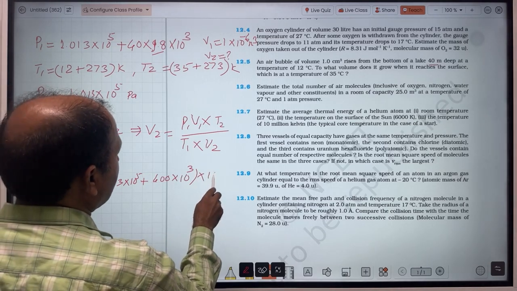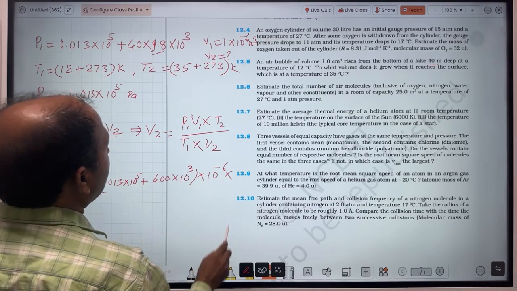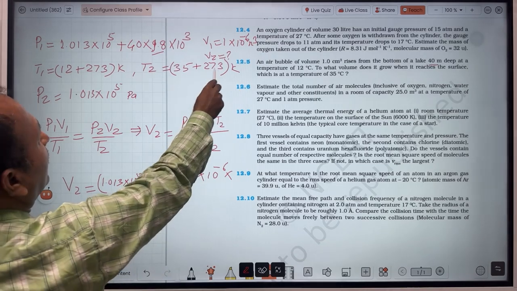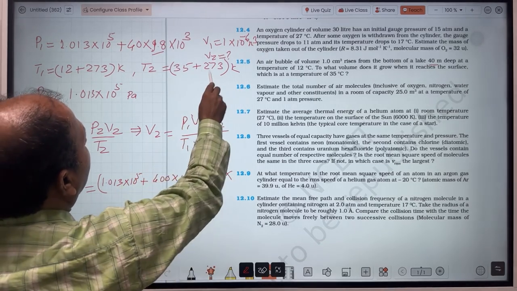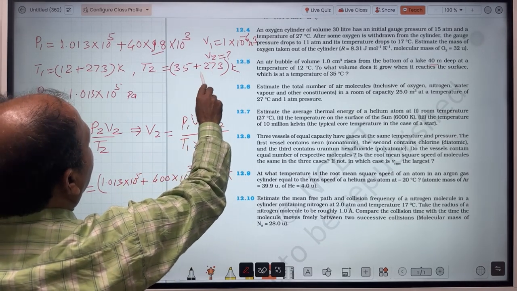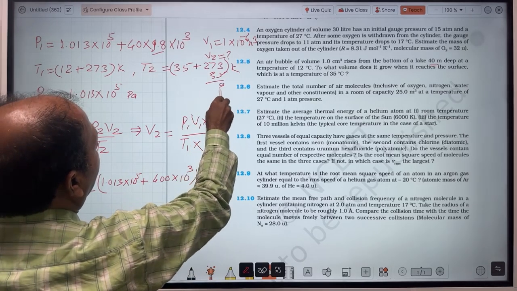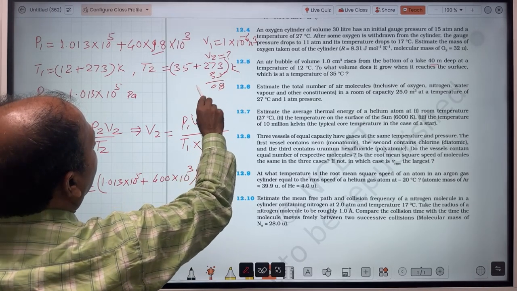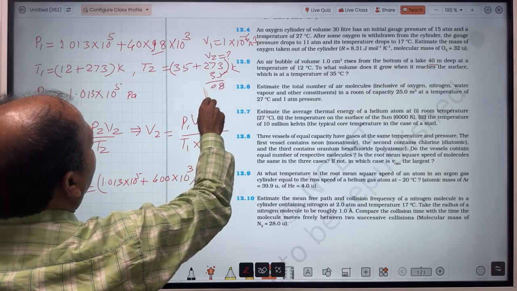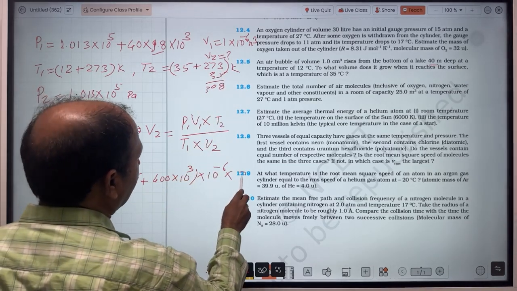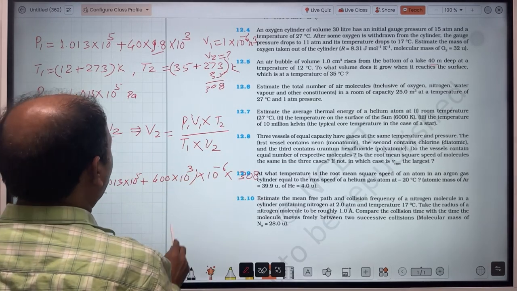V1 is given as 10 power minus 6, into temperature T2. T2 will be 35 plus 273, this will become 308.